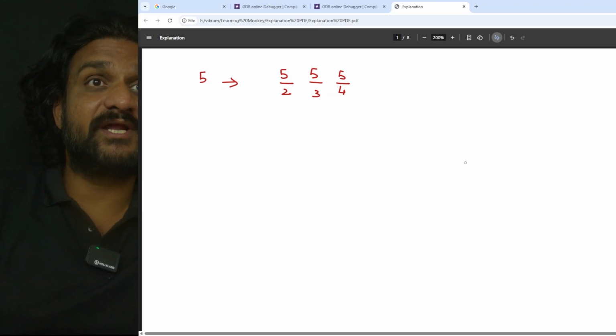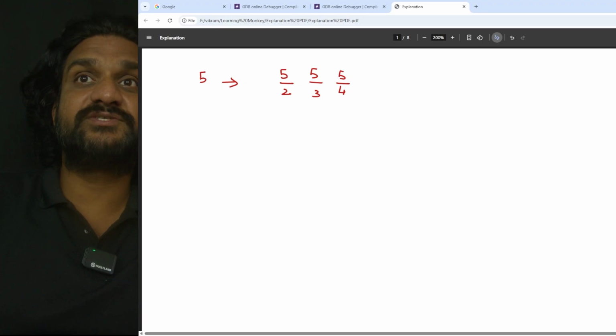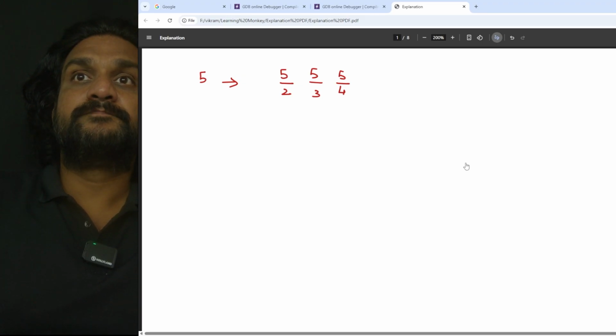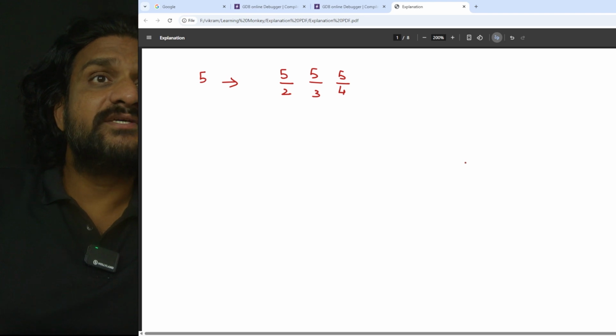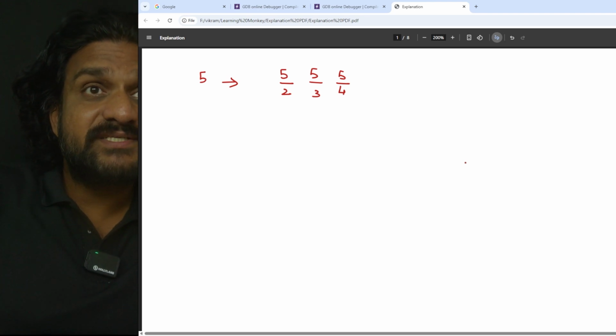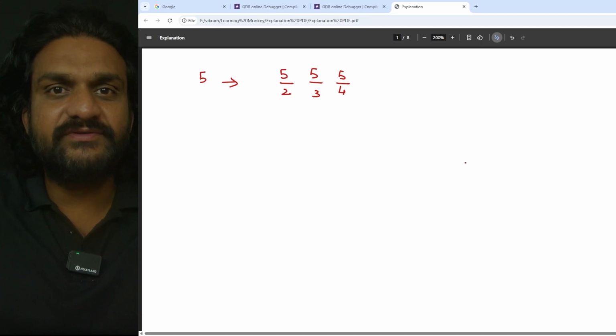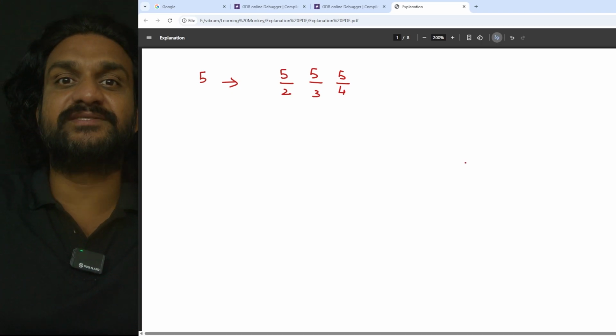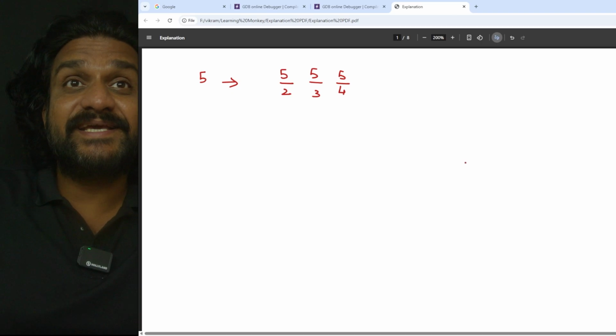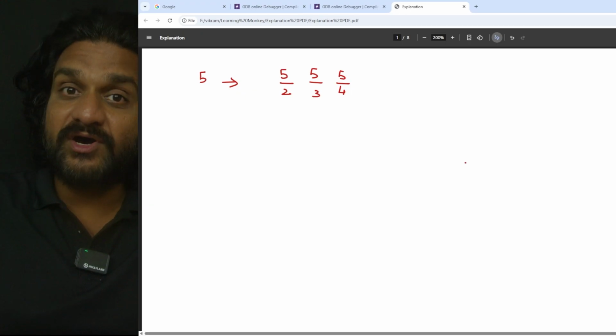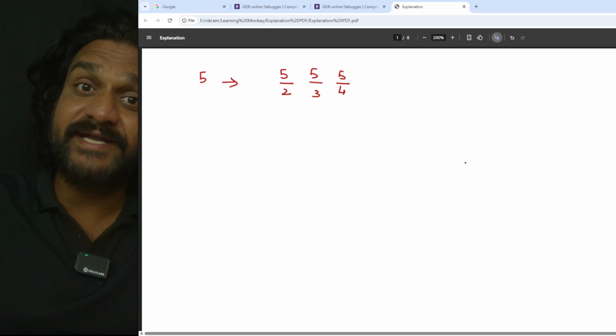Let's assume that the given number is 5. The number given by the user is 5. Now I have to divide this number starting from 2. Why not 1? Because every number is divisible by 1, so there is no need to consider it. And why not the last case, 5 divided by 5? Because every number is divisible by itself.